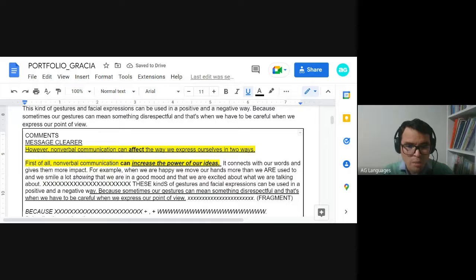Why? Because this is a subordinating clause that starts with a subordinating conjunction. And if it's a subordinating clause, it is a dependent clause and it depends on another clause, an independent clause. So you cannot put a period here and separate the independent clause from the dependent clause.